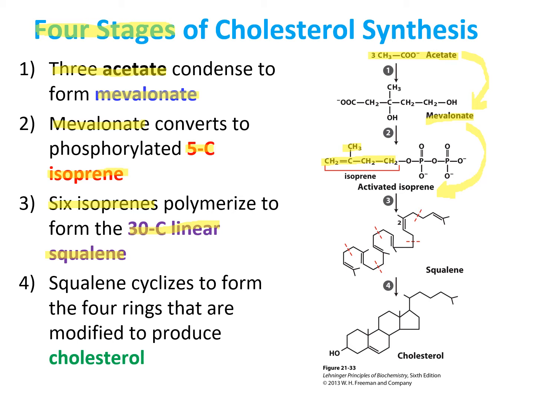We used up 6 isoprenes, so the total becomes 30 carbons, and it will be a linear structure known as squalene. So stage 3, 6 isoprenes into squalene, and then this linear molecule will cyclize, meaning 6 carbon and 5 carbon rings will be formed, as we can see these 4 rings in the diagram. This is squalene, even though it looks like it is in ring form, the rings are not closed.